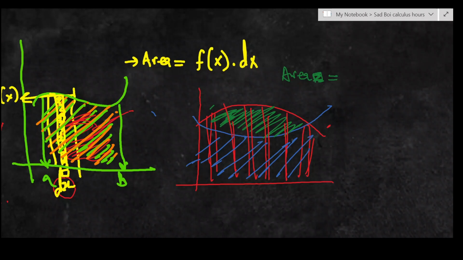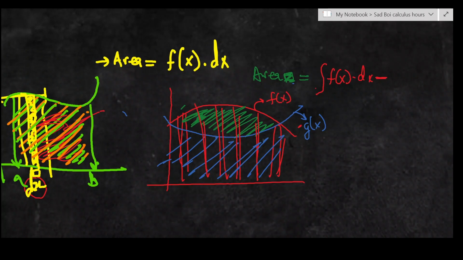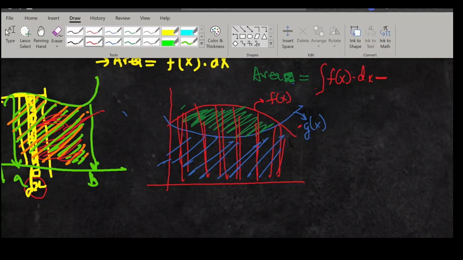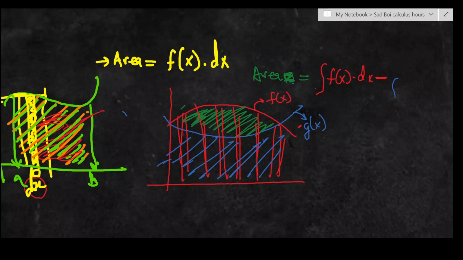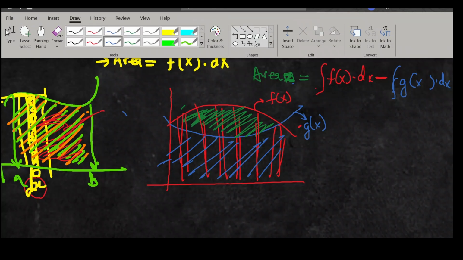And so the green area is equal to the area bounded by the curve f of x, that is the integration of f of x dx, minus the area bounded by the curve g of x, that is the blue curve, so the integration of g of x dx.